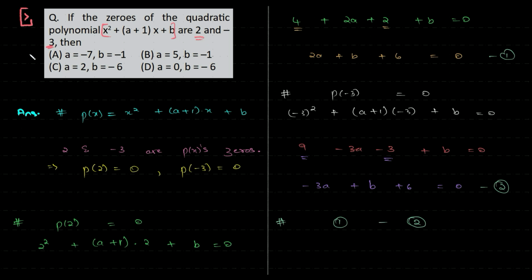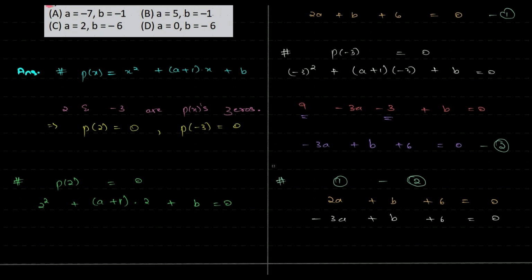Let me write it here itself. We have 2a plus b plus 6 is equal to 0, and we have the other expression being minus 3a plus b plus 6 is equal to 0. So what we're looking at is subtraction.